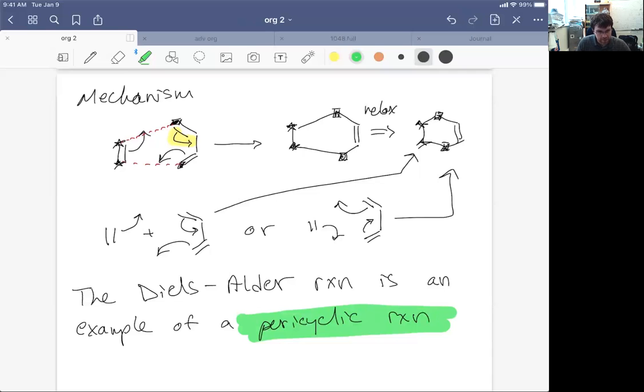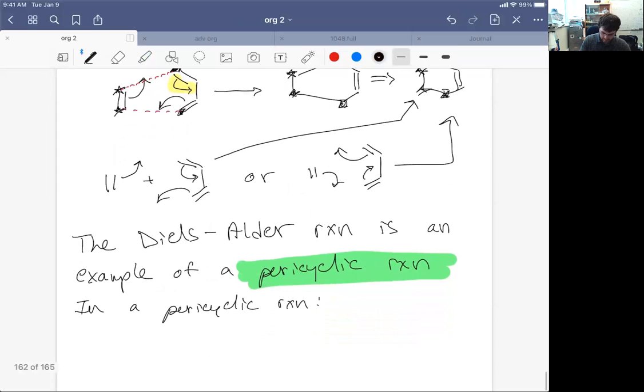Now pericyclic reactions are a special class of reactions where we usually have no intermediates.